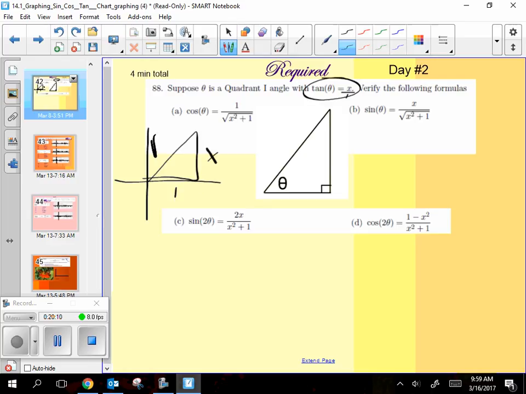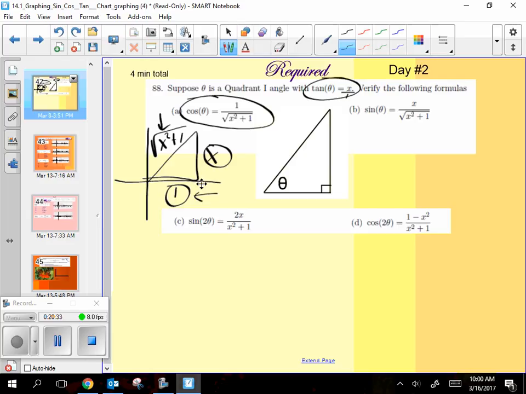And then that means this third side must be square root of this squared and this squared. So that's going to be square root of x squared and 1, and they're added. Cool. Now that I got that drawn, it's pretty easy to verify that cosine would be that. Look at that. I can just see it from this triangle. Cosine is adjacent over hypotenuse.